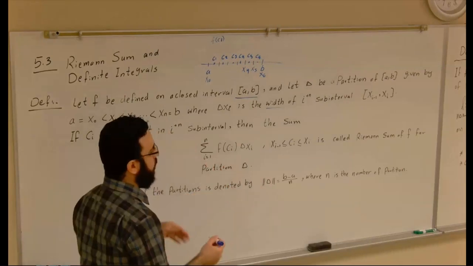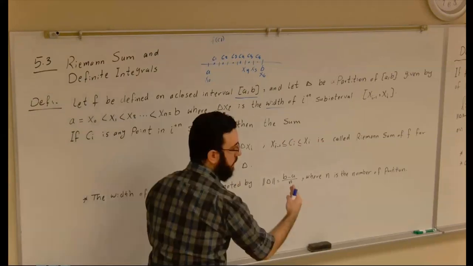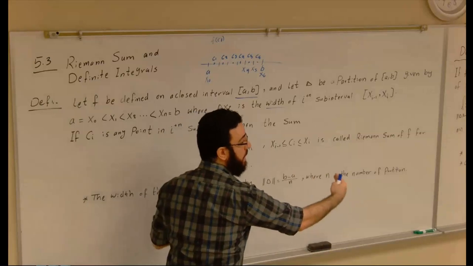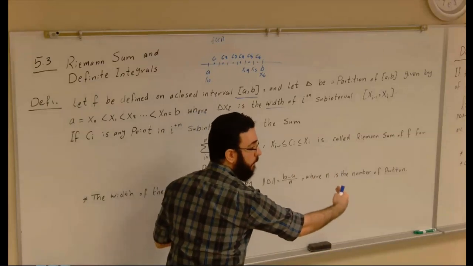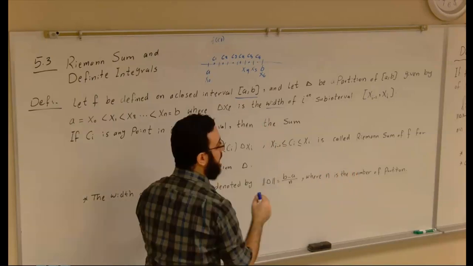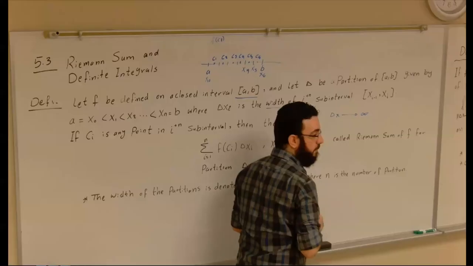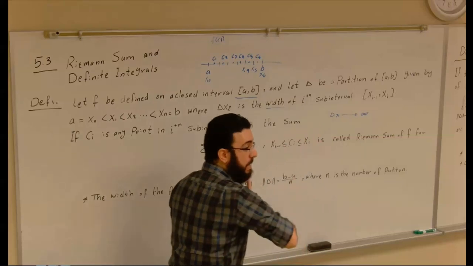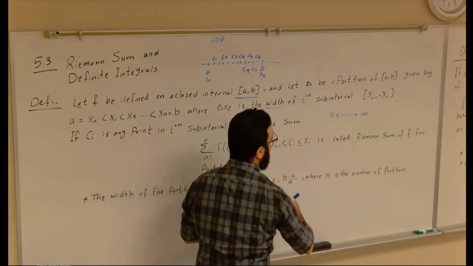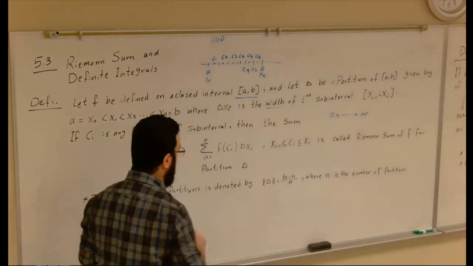But now we're going to add something, because remember, if we divide the area into a few rectangles, we're going to get an error. To minimize the error, we have to maximize the number of rectangles. Every time you maximize the number of rectangles, you're going to minimize the error. That means when the number of rectangles goes to infinity and the width shrinks, the error is going to go to 0, so we're going to reach the exact area.